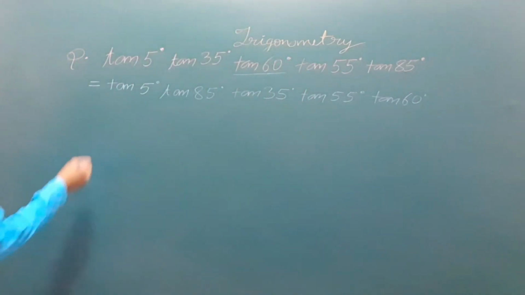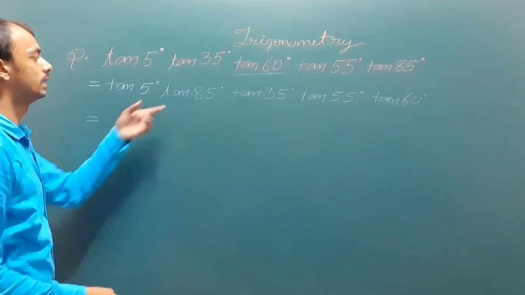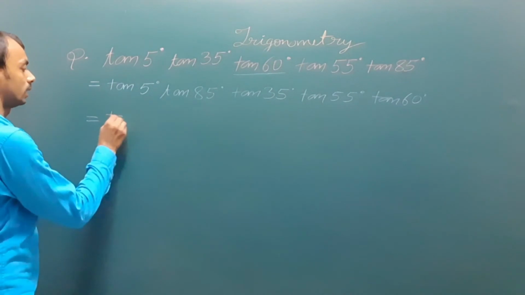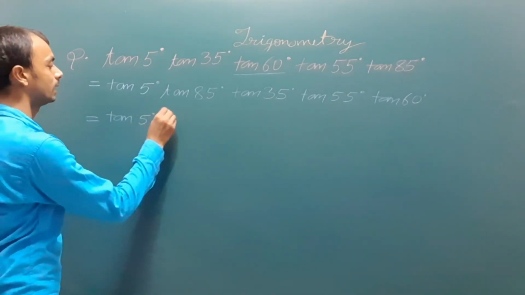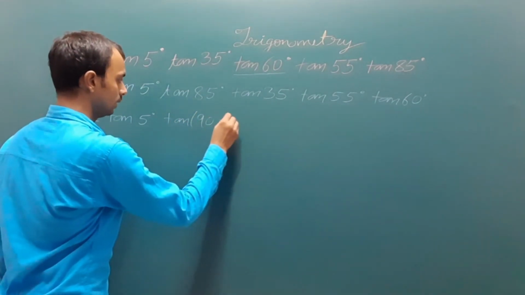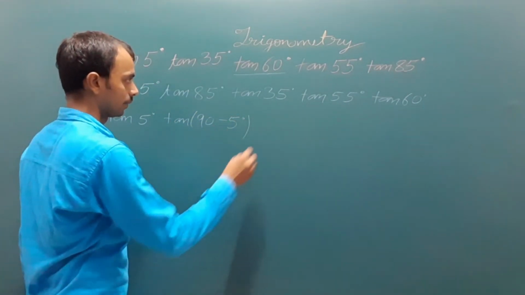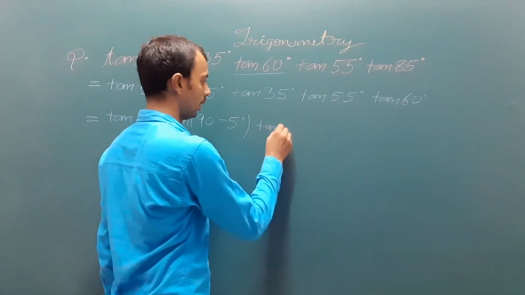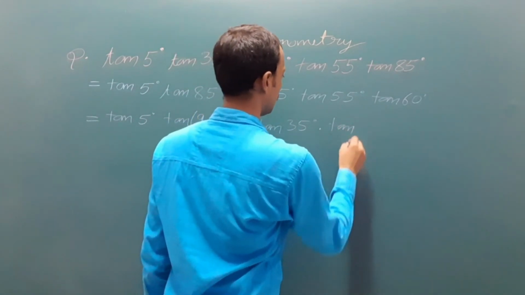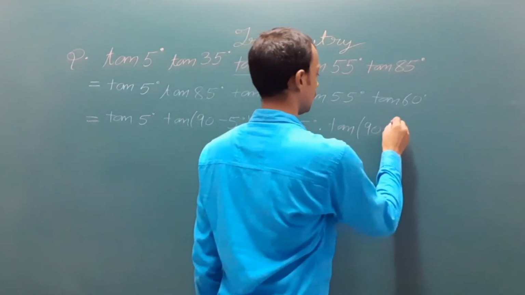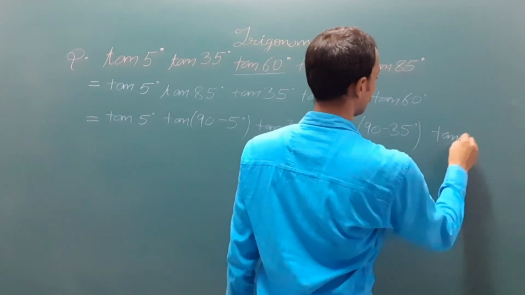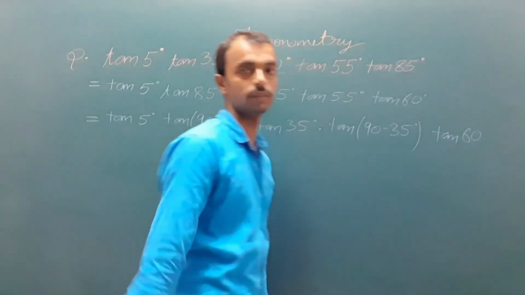Now tell me, can I write tan 85 as tan of 90 minus 5? Yes, I can. So tan 5 degree into tan of 90 minus 5 degree, and here again tan of 35 into tan of 90 minus 35, into tan of 60.